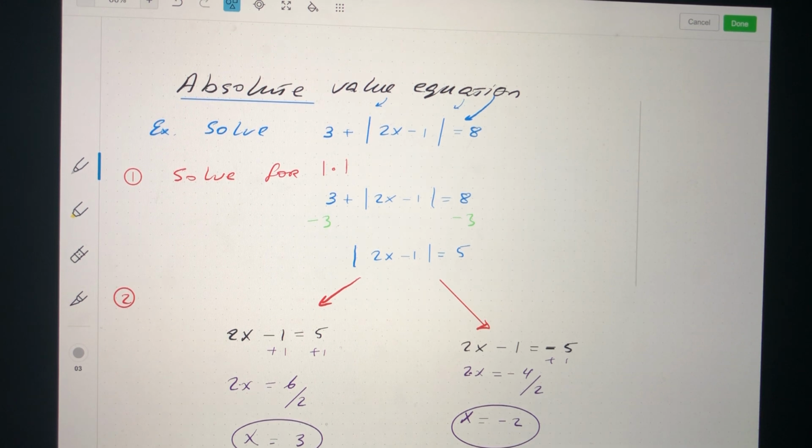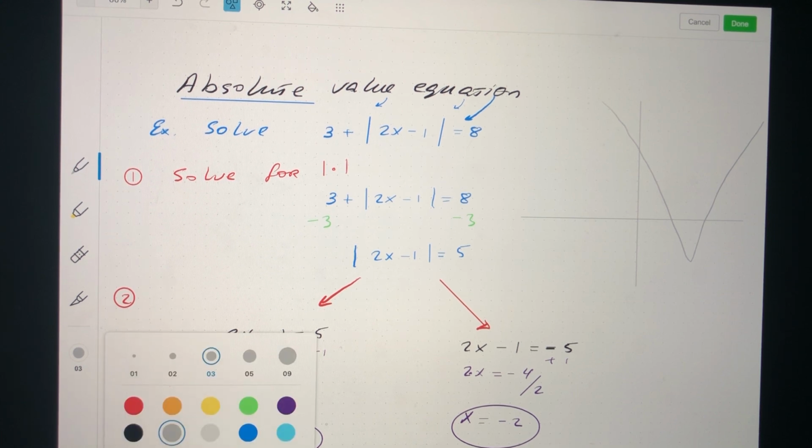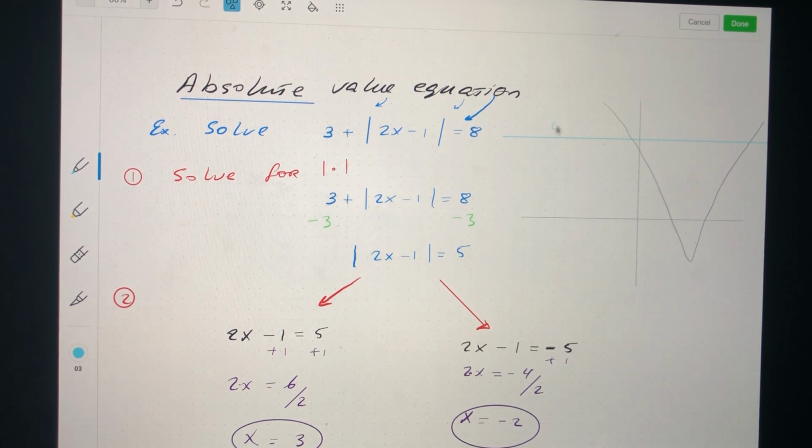It would be a coordinate axis, we'll have the V shape like this, that's the left side. Then we're going to have y equals 8 running through the 8, and the place where the two lines cross would be our solution. One will come out to be negative 2, just like we said, and the other one will come out to be positive 3, just like we said.